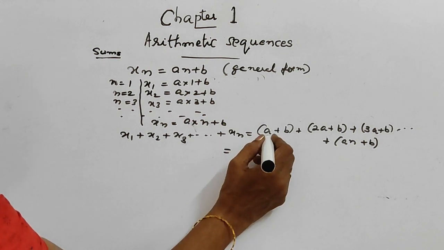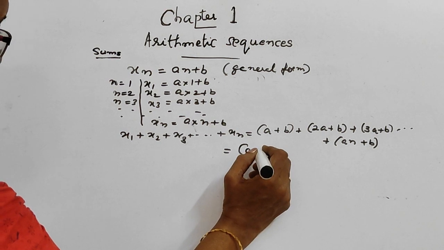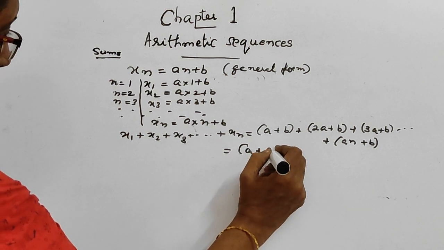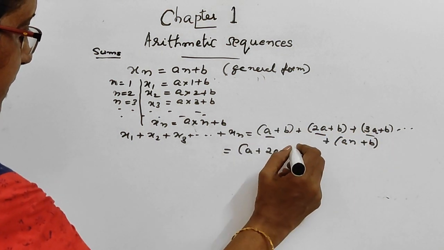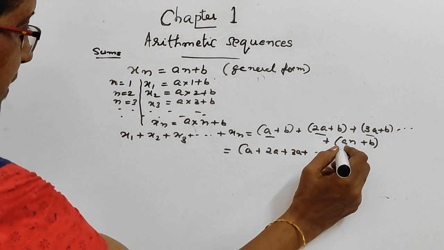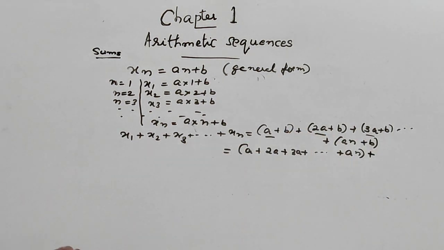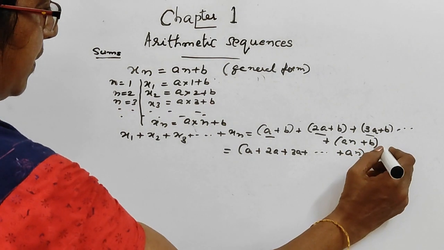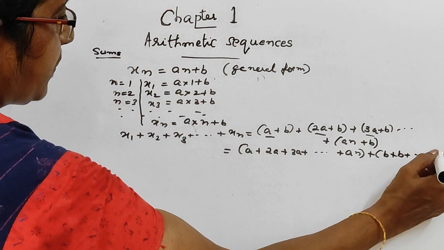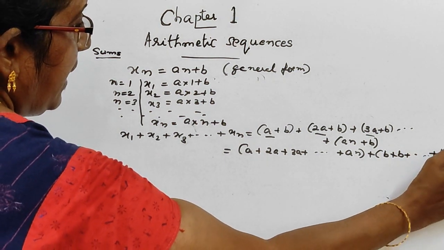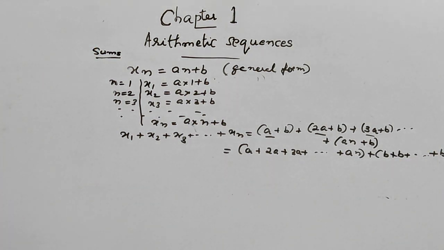Equals, see here, take all a outside and bring it to one bracket. A plus 2a plus 3a up to plus an, plus now b together, b plus up to plus b. How many b's are there? n times b is there.